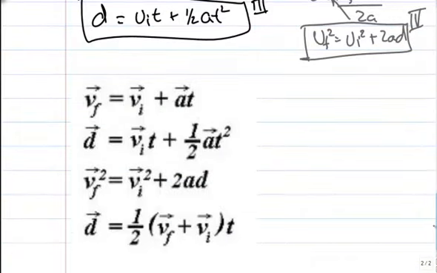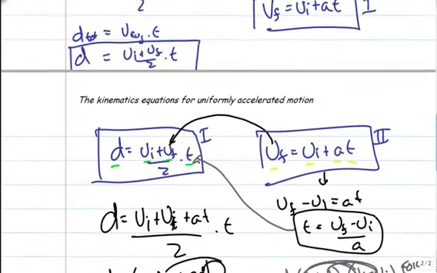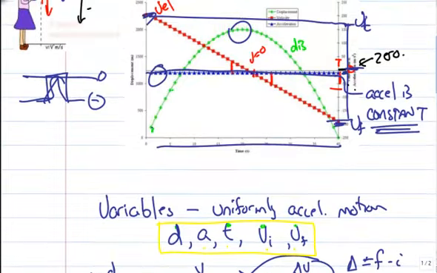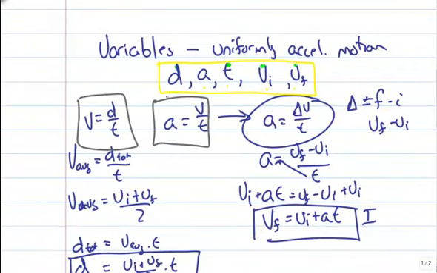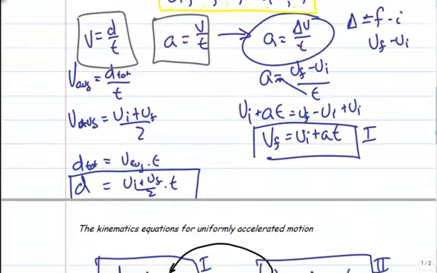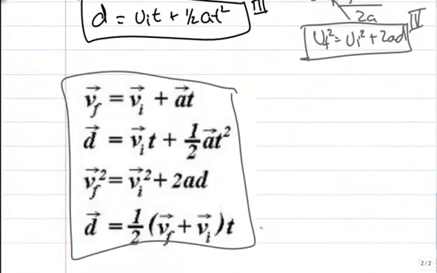Our 4 basic kinematics equations that we can use, and really they're simply derivations from looking at the graphs of uniform motion involving the different variables. They all start from this equation and this equation. We've done some algebraic derivation here. They're not some magic formula, and in the next video we're going to look at how to use the equations.